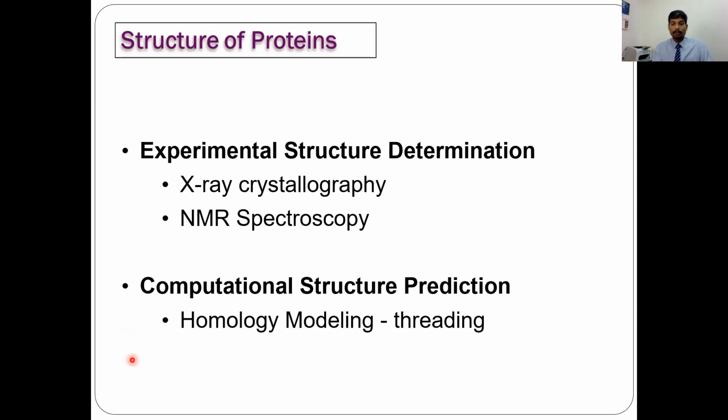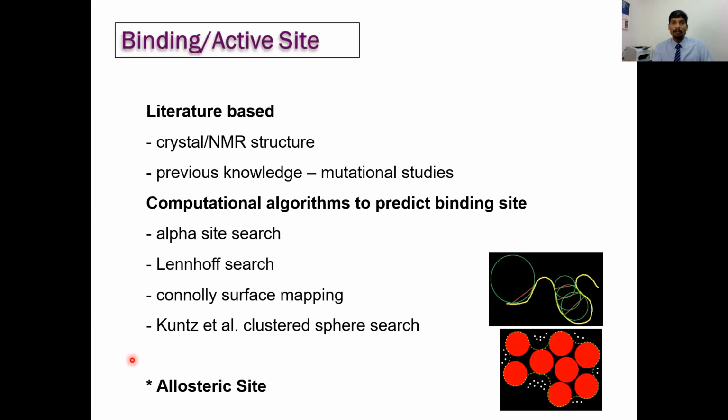Once the structure of the protein is ready, we go for the active site or binding site search. How can we understand the active site? In the practicals last week, how did we understand the active site? We understood because we had a crystal structure of the protein and the ligand together, so we can see where the active site is.